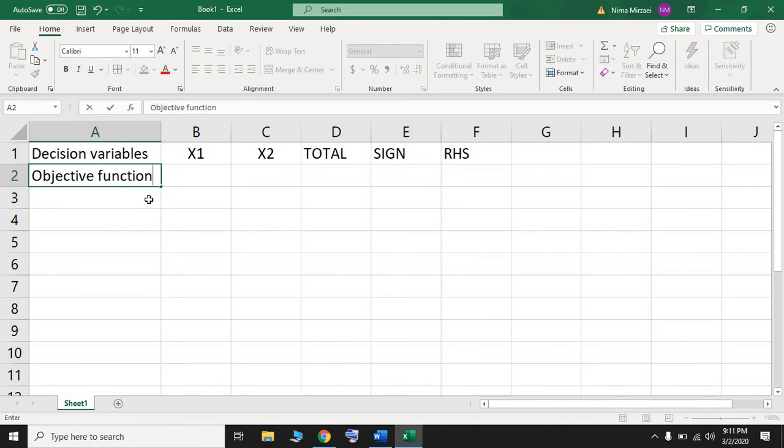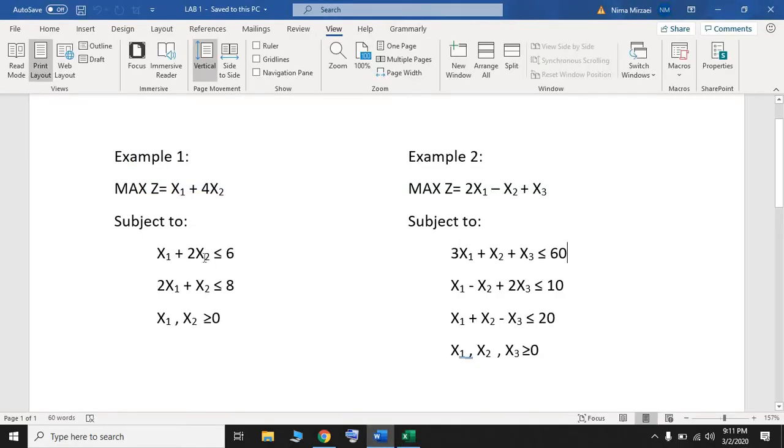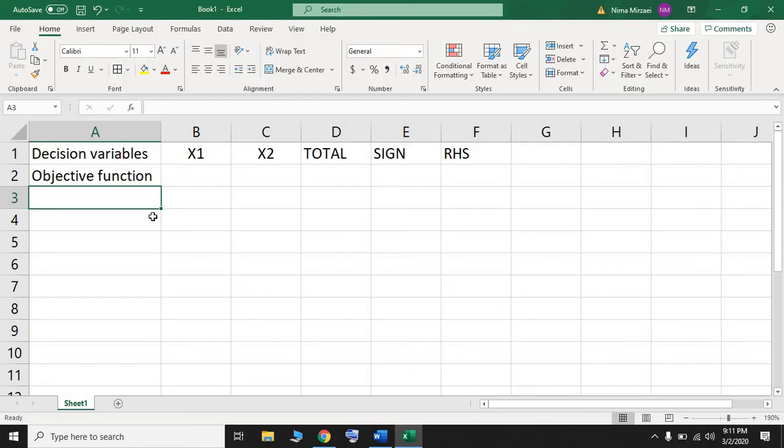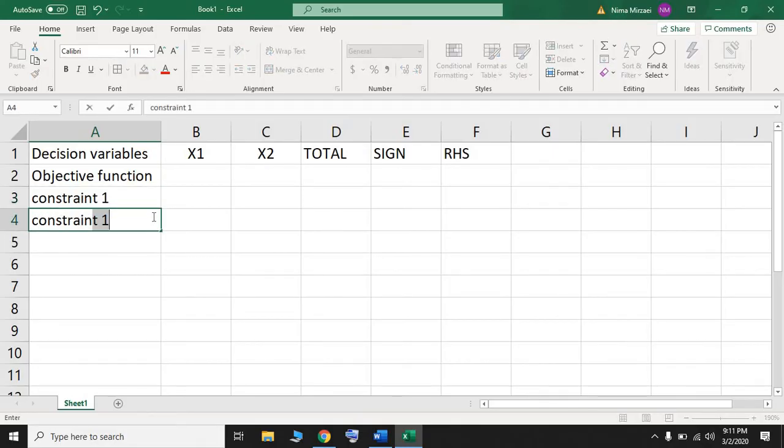After that we are going to define the constraints. As you see in the first example, we have two different constraints, so we need two rows for defining them. So we go to row 3 and we define constraint 1 and constraint 2.